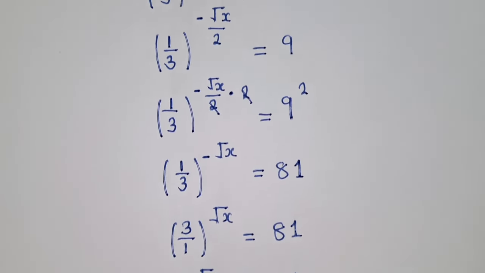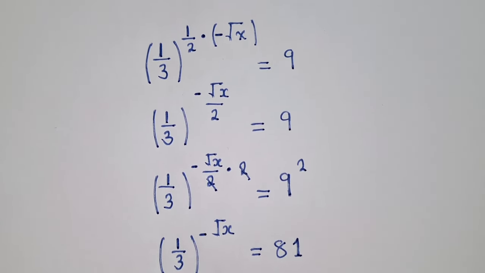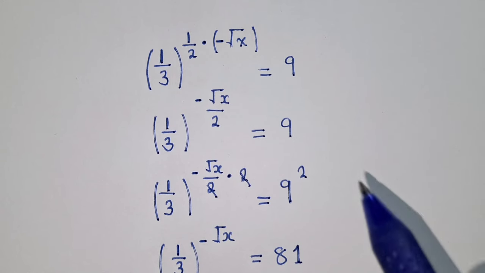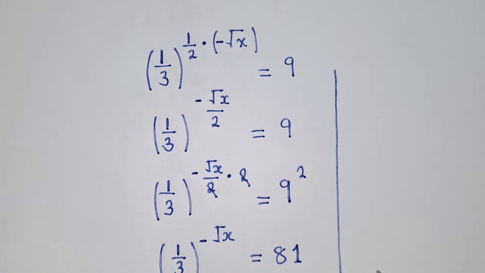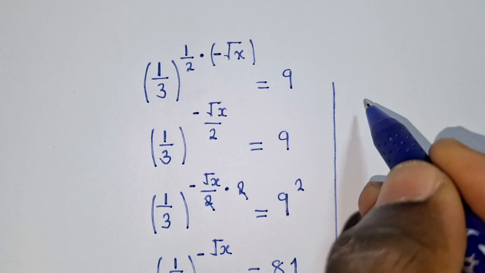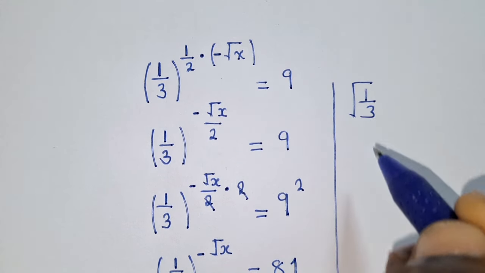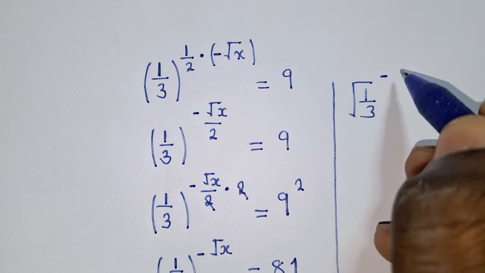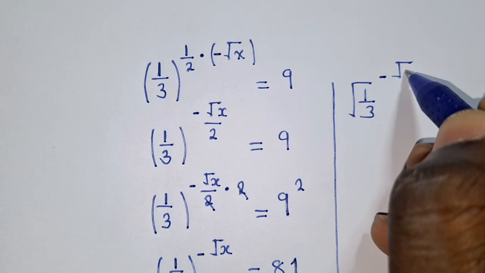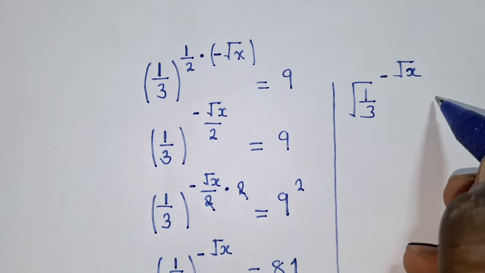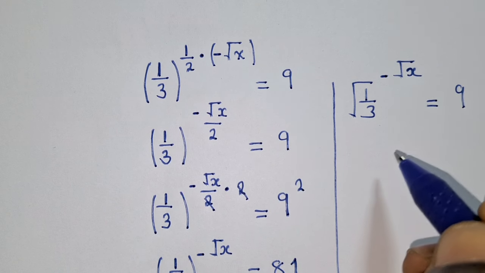If you want, you can prove it. So let's try to prove here. We shall say 1 over 3, okay? And then here, power this here is equal to 9.